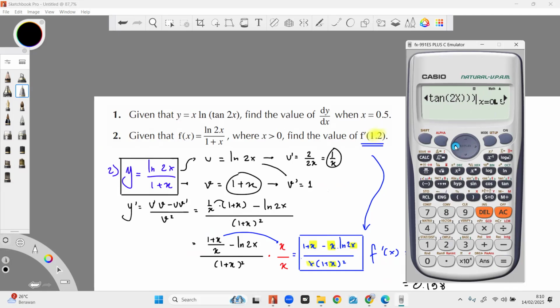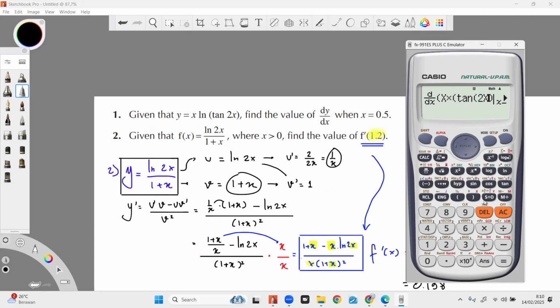Can someone get the answer with a calculator? Well, number one. Again, I try to repeat. d/dx, x times bracket tan 2x in radian. Okay, make sure it is in radian mode.